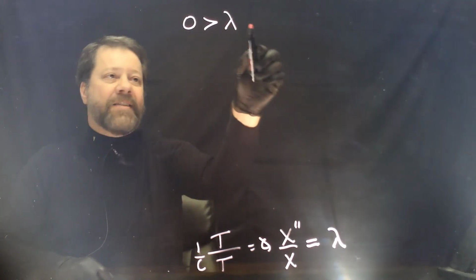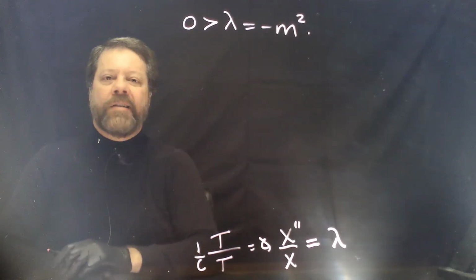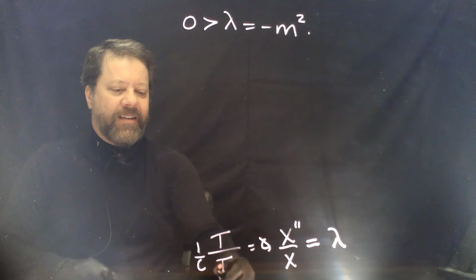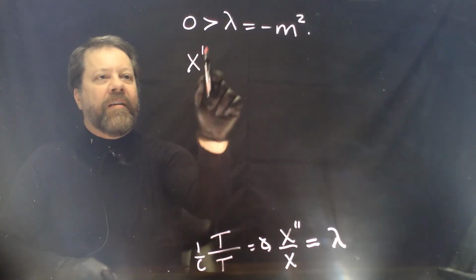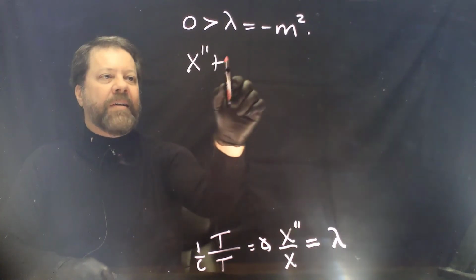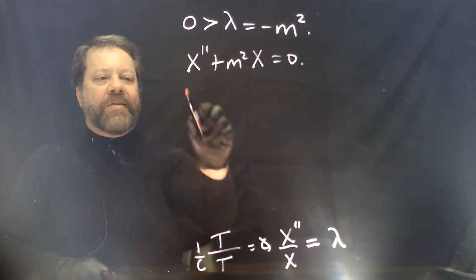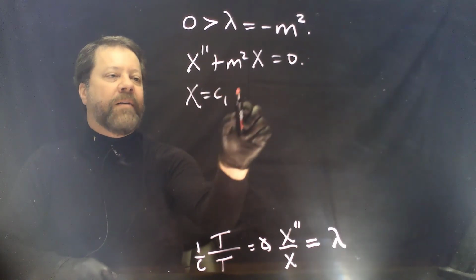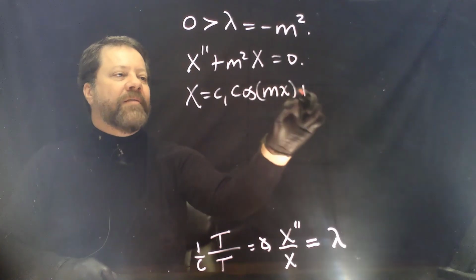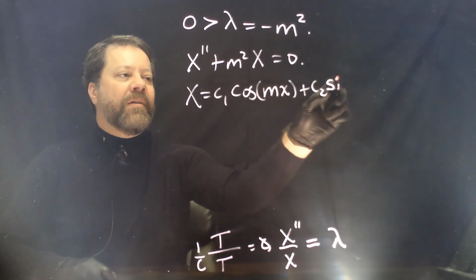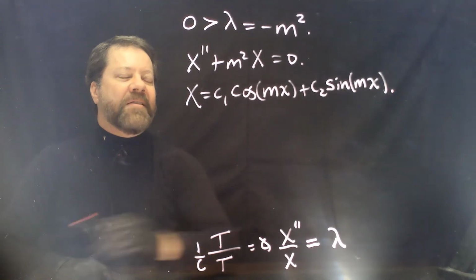If lambda is less than 0, we'll set it equal to negative m squared. You can see then, right off, x prime prime plus m squared x equals 0, which has the solution x equals c1 cosine mx plus c2 sine mx.